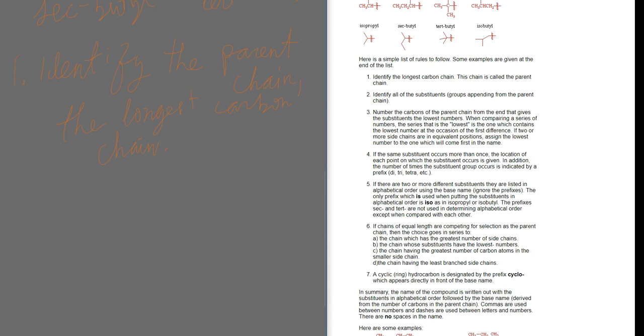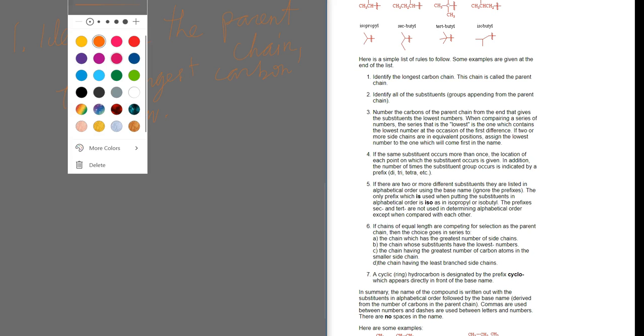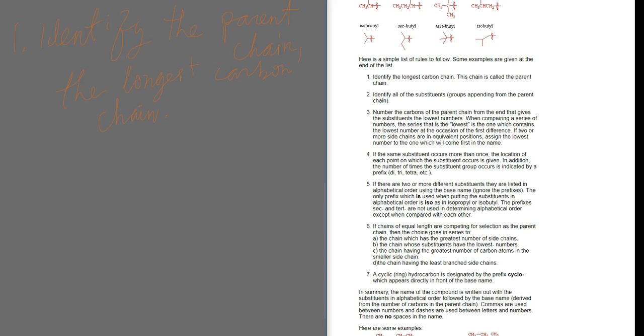So when you identify the parent chain, the longest carbon chain, identify all the substituents. Okay, groups appending. We will talk about the substituents in a moment as well. Let me just check this. Perhaps I'll just write it in. Okay.